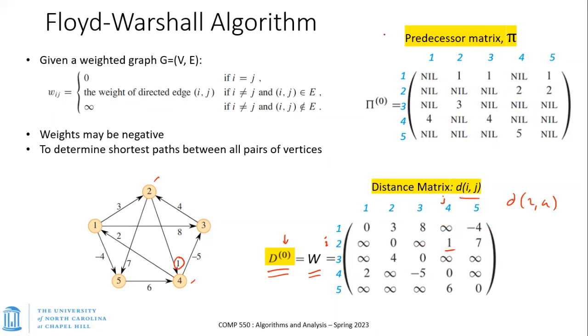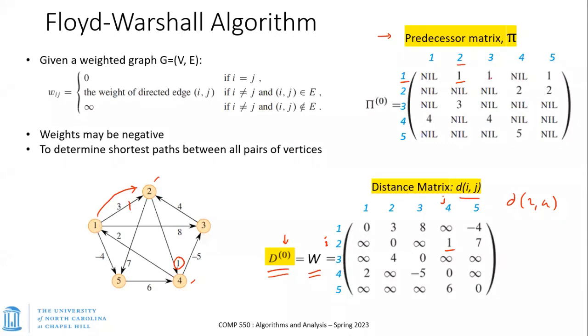We're going to also define a predecessor matrix, which can be a little confusing the way it's been defined, but that's how the algorithm has been defined, and we'll go along with that definition. It essentially says that we have predecessors for every vertex. To go from 1 to 2, there is a direct edge, as you can see over here, so the predecessor is 1 itself, kind of obvious.